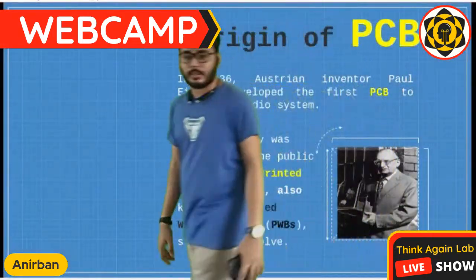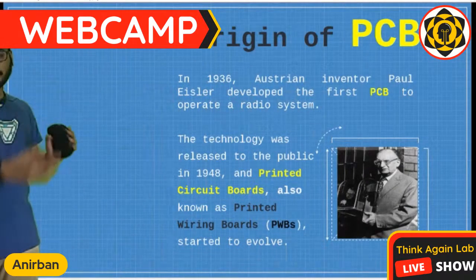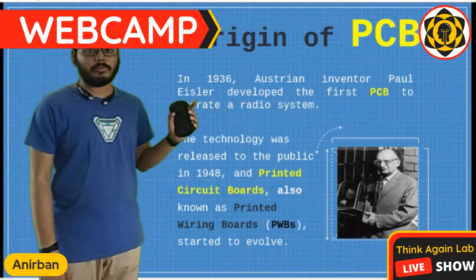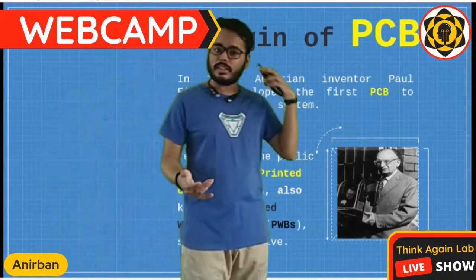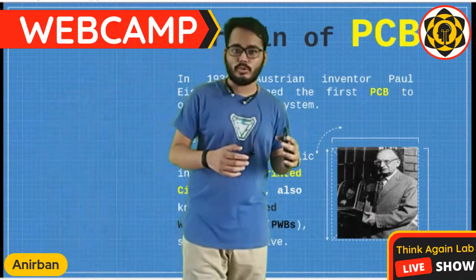PCB was originally invented by Paul Eisler in 1936. He built the first PCB for building a simplified radio. At that time radio was in craze, and before this invention, wires were simply tacked together and soldered together to build a circuit.